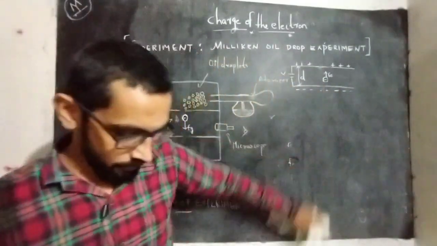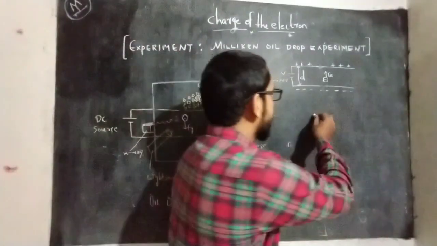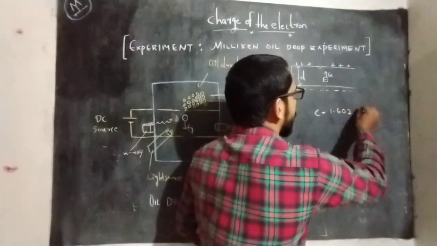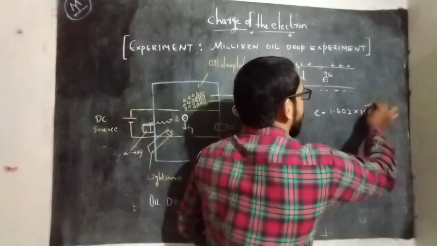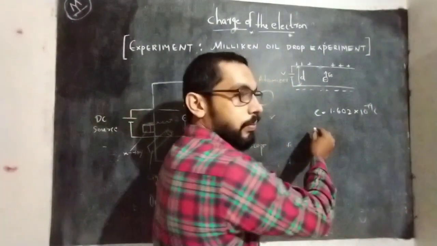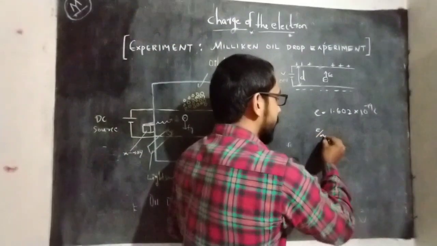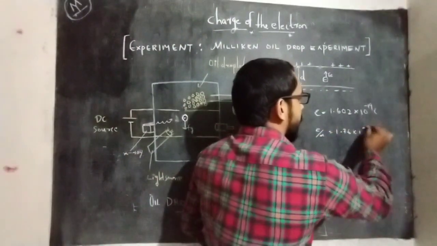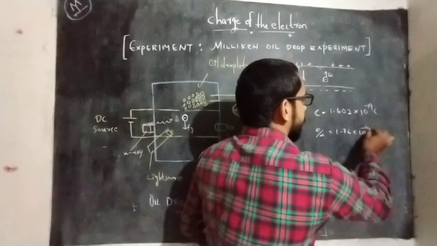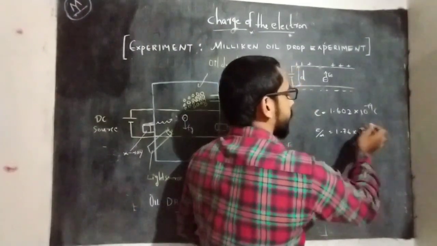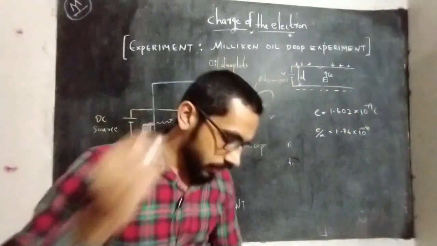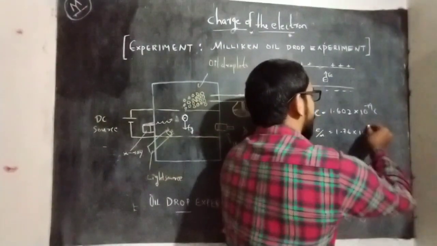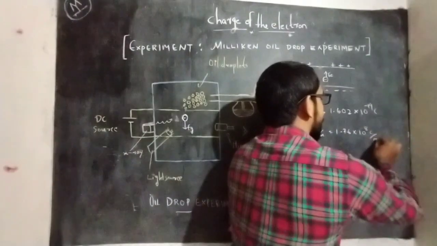We know E is 1.602 into 10 raised to the power of minus 19 coulomb, and E by M is 1.76 into 10 to the power of 8 coulomb per gram.